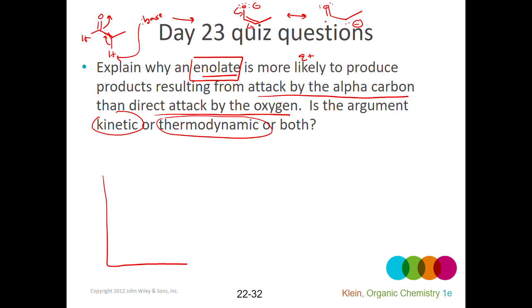So students say, well, the carbon is higher in energy than this, and so if it starts higher in energy, it's more reactive. Well, that would be true and a reasonable thing to say if it actually existed.